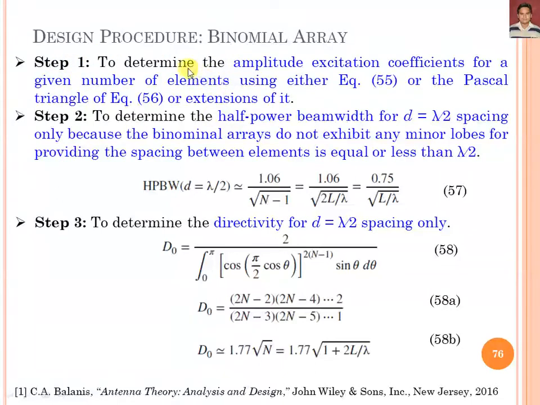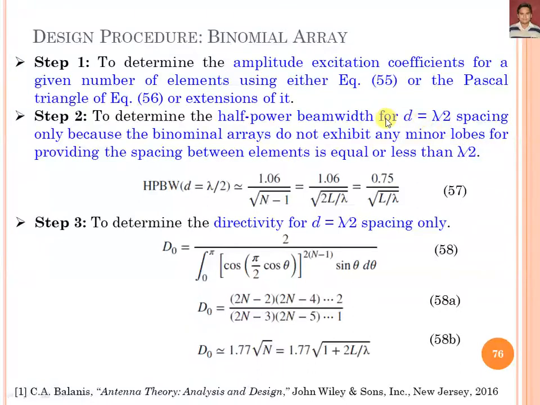In step 1, we need to determine the amplitude coefficients for the given number of elements using either the equation, or the Pascal triangle as we have discussed, or its extension, or using expansion methods. In step 2, we determine the half power beamwidth for d equal to lambda by 2 spacing only, because binomial arrays do not exhibit any minor lobe provided the separation between elements is equal to or less than lambda by 2.